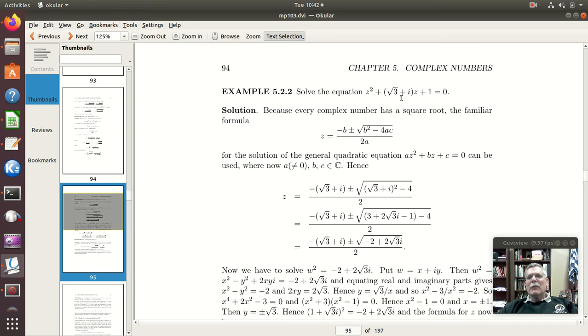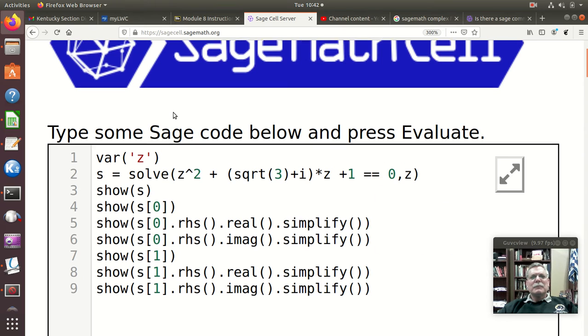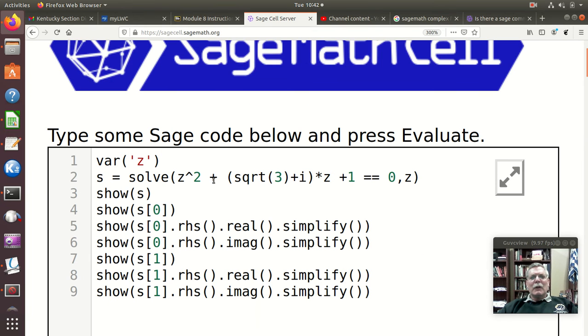Square root of 3 plus i, z squared, square root of 3 plus i times z plus 1 equals 0. Z squared plus the square root of 3 plus i times z plus 1 equals 0.